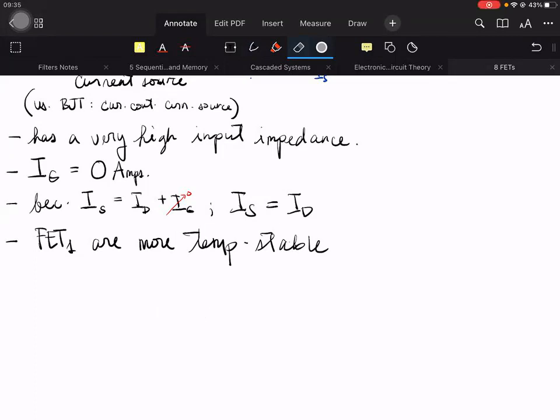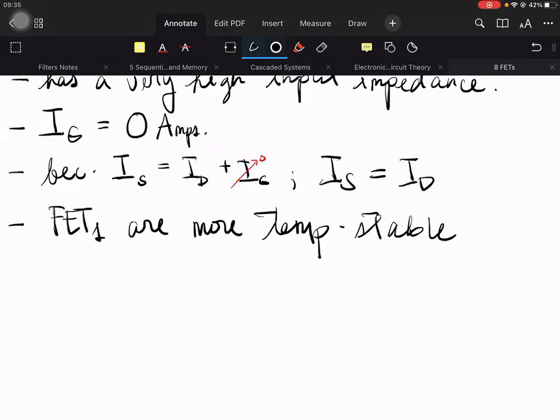Pero for the FET, FETs are more temperature stable, meaning okay lang na init, dili ra maapektuhan ang operation. And because they are more temperature stable and could be miniaturized, mas easily ma-miniaturize ang FET.